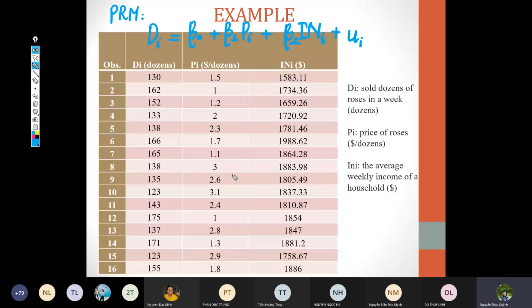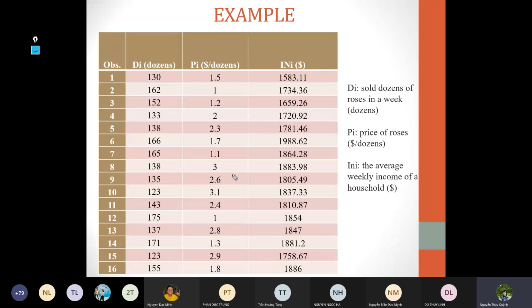For a multiple regression model, you don't have to manually calculate the estimated coefficients. For a two variable regression model, you have to remember the formula. But for a multiple regression model, you can use data to estimate it.